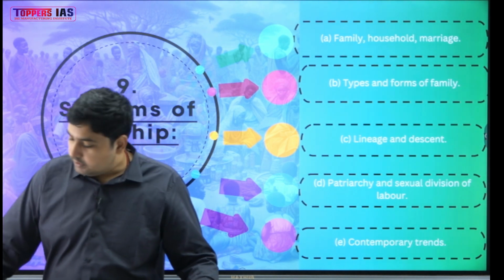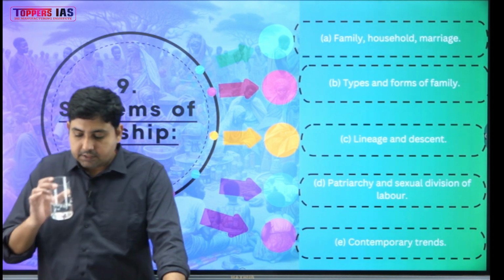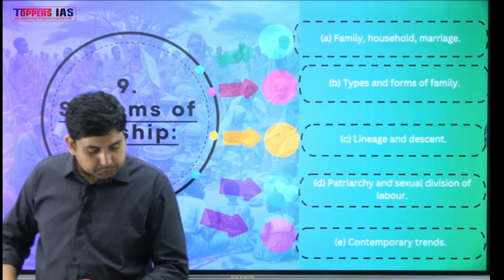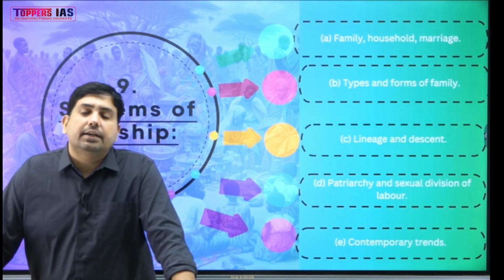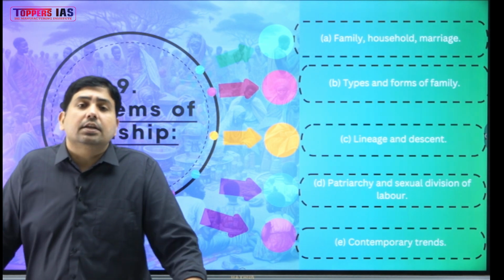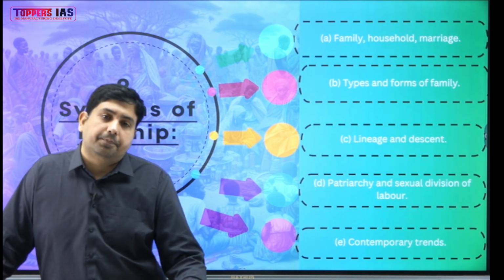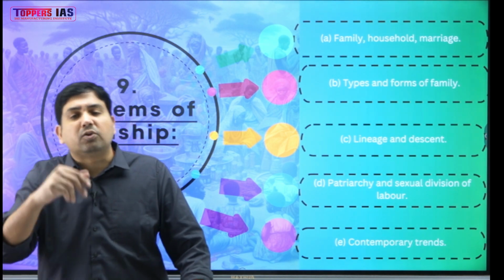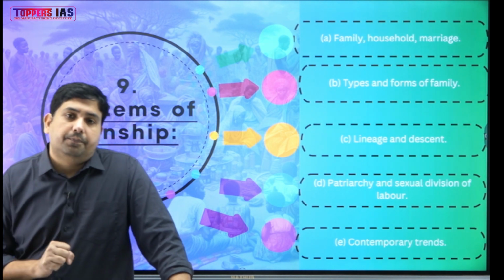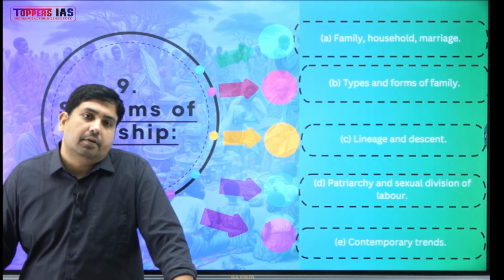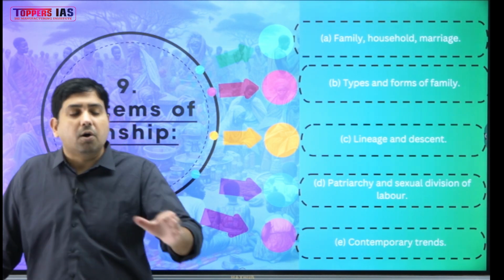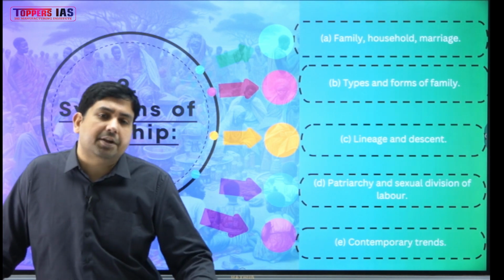Clear? Then there is patriarchy and sexual division of labor. What is patriarchy? Patriarchy is a social system where men dominate over women, where men hold power and authority in roles of political leadership, moral authority, social privileges, or when it comes to property.